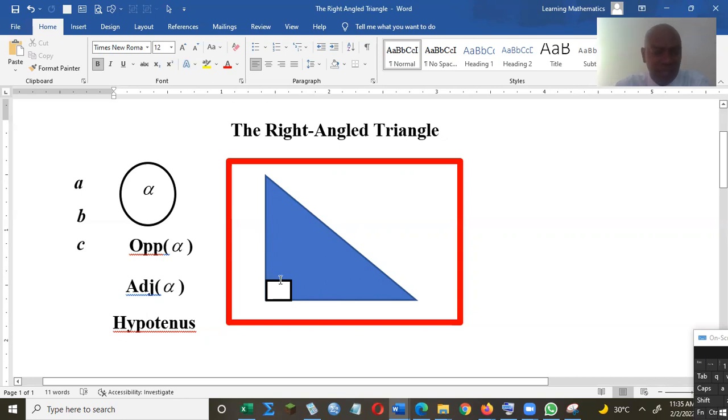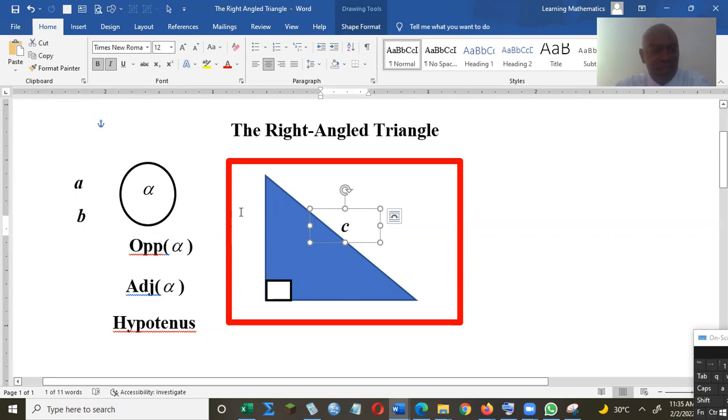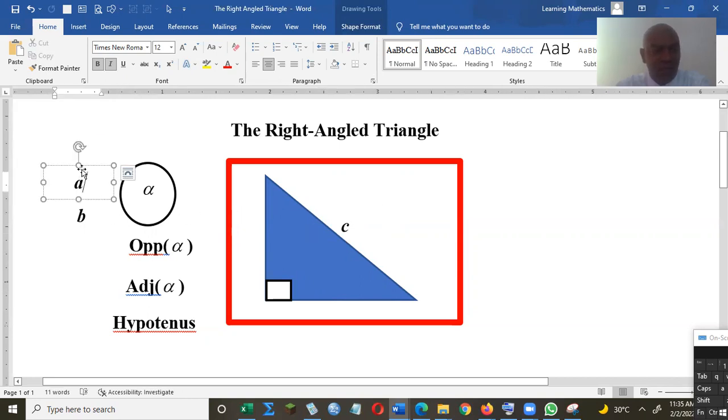So if one is already 90, the two others must add up to 90, so each must be less than 90. Therefore, if the two acute angles are not labeled, the hypotenuse is labeled C, and the other two sides that form the 90 degrees are labeled A and B.